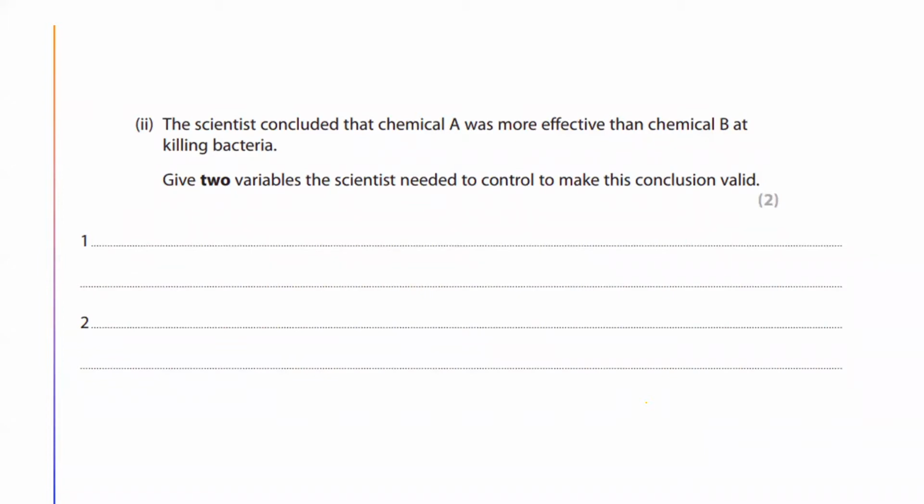So the scientists concluded that chemical A was more effective than chemical B at killing bacteria. Give two variables the scientists need to control to make sure this conclusion was valid. Okay, so the agar plates had to be in the same conditions.